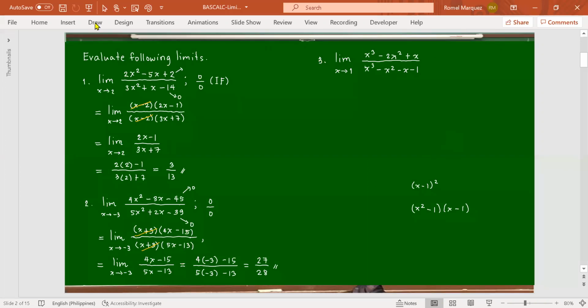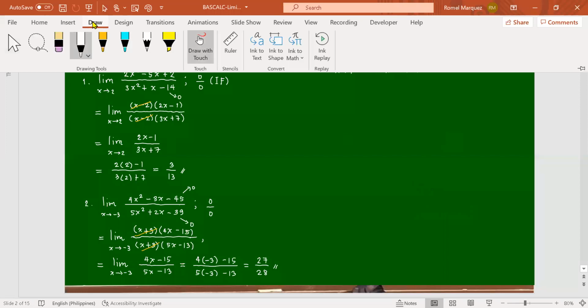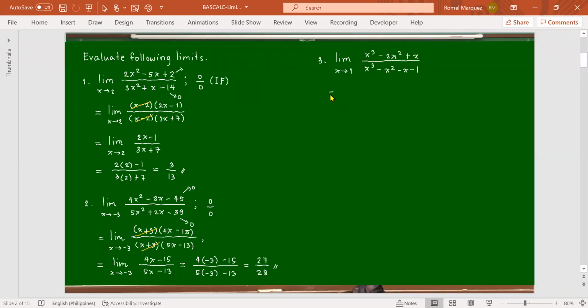Okay, let us solve this problem. Because I do not have a copy of the problem, that's why I make one. Okay, let's check this. This is again a quotient. So warning: if it's a quotient, do not be excited about applying the substitution rule. Is that clear, guys?